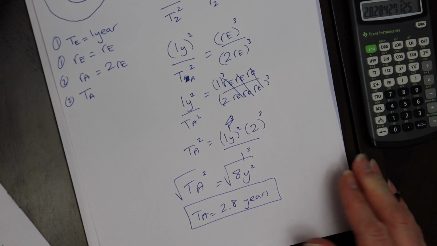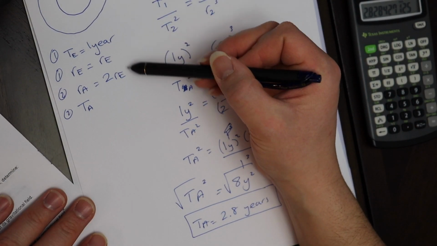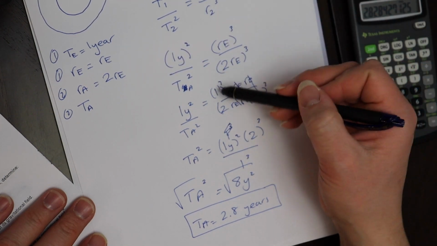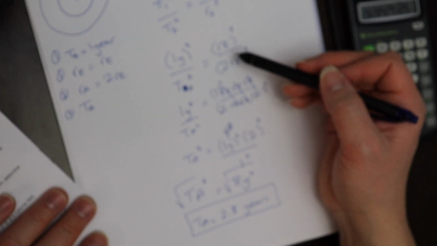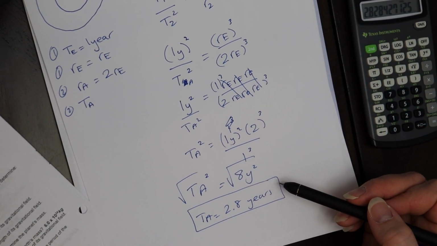Now this formula becomes easier when they actually give you numbers. If this was, let's say, 7,000 and this was 14,000, you could just very easily plug them in. And that would probably be a little bit easier, but I wanted to show you how it works with variables.